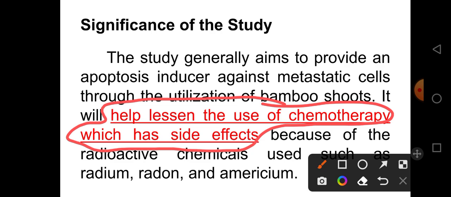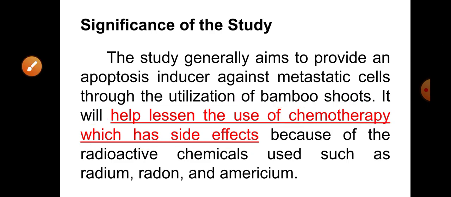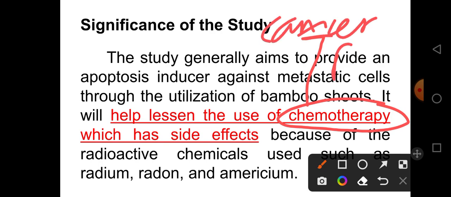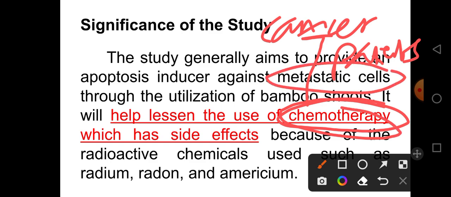We know very well, class, that chemotherapy is a kind of treatment or therapy administered among cancer patients. However, although it is proven that chemotherapy can potentially kill metastatic cancer cells that cause cancer in the human being, it still poses risk factors.